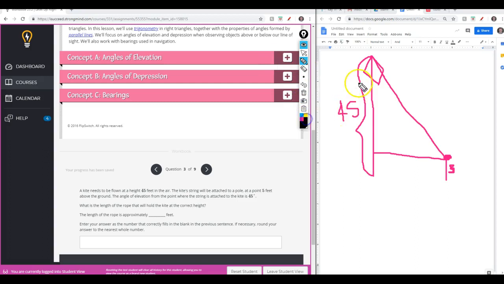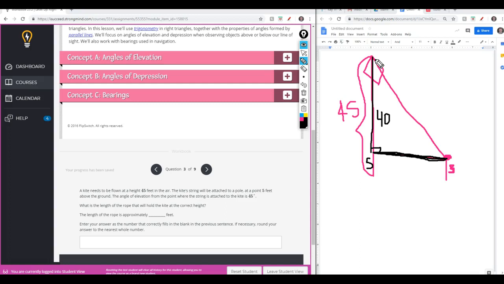So that means that this length is 40, because the horizontal line is horizontally from the pole that is 5 feet up. So that is 40, and this is the other 5 feet of our 45-foot requirement in the air.